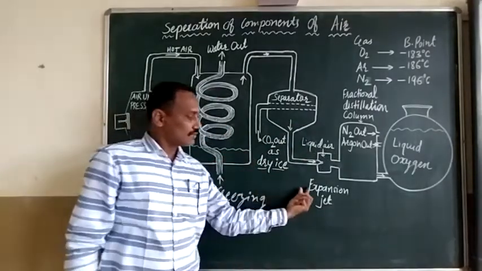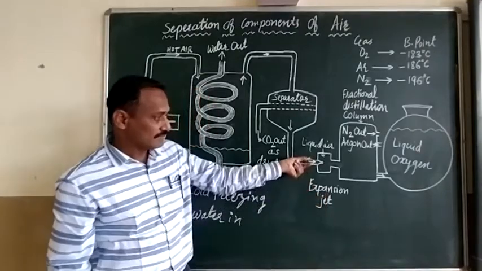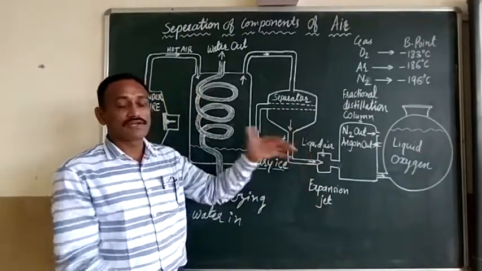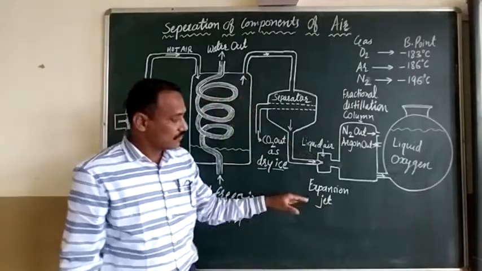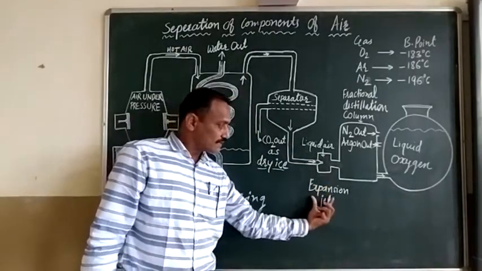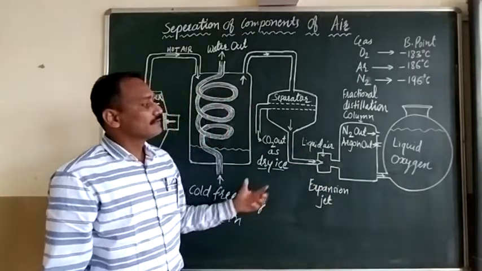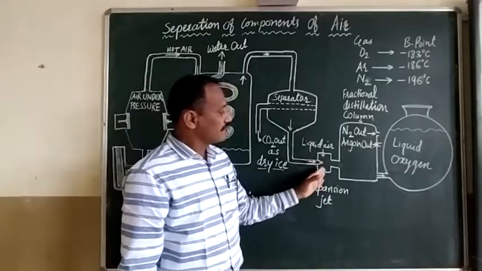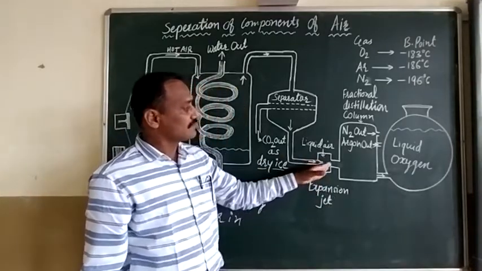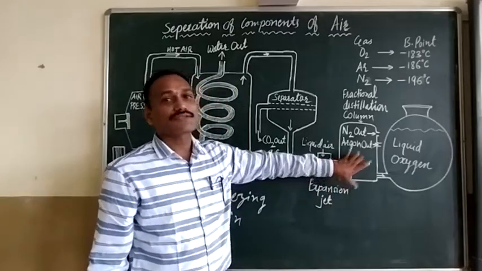That's why this is known as the expansion jet. The small nozzle is there, and after that a lot of space is available. So the air finds its way through this expansion jet into the fractional distillation column.